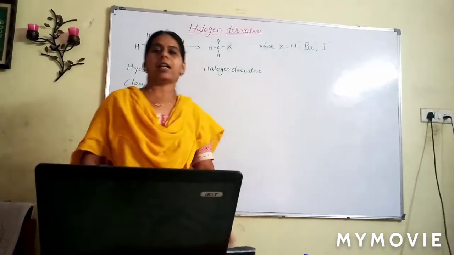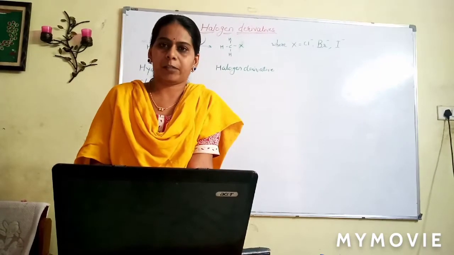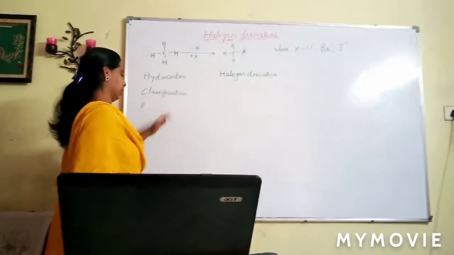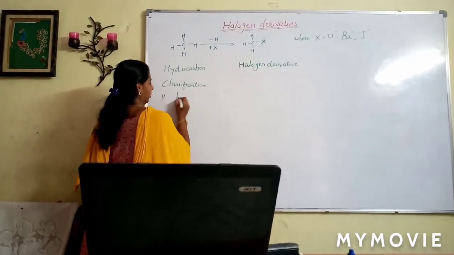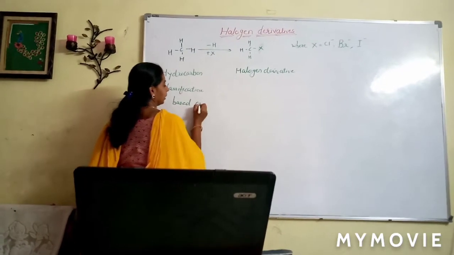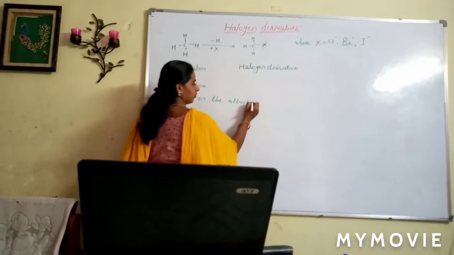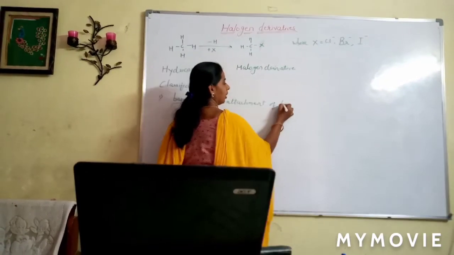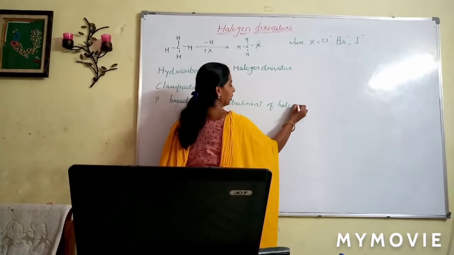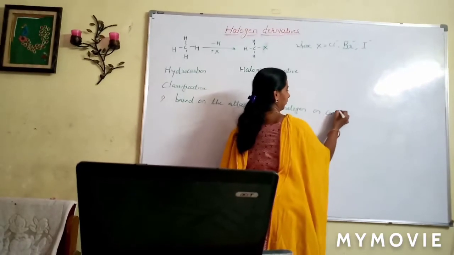The first way is the attachment of halogen atoms on the carbon skeleton.